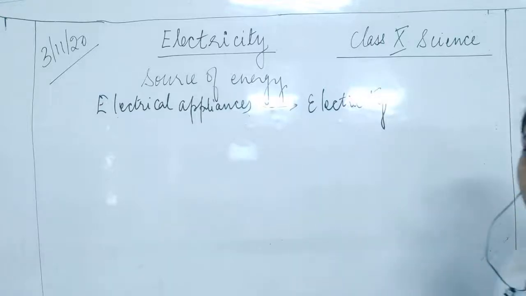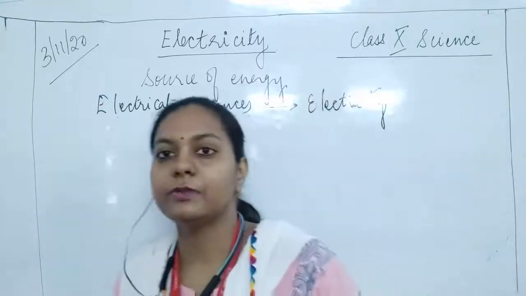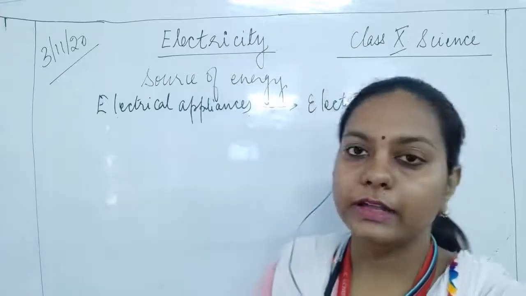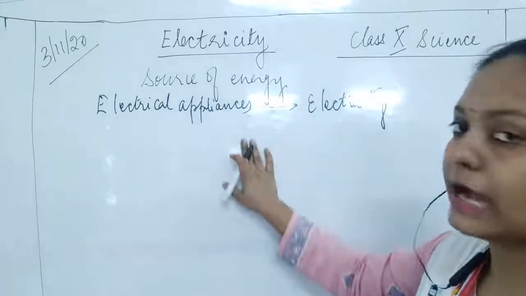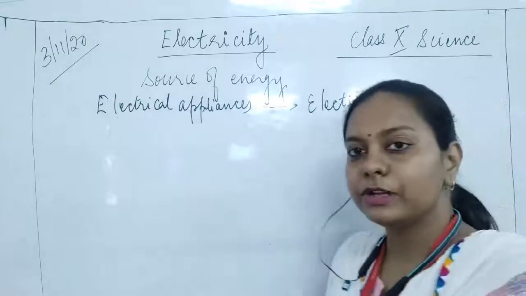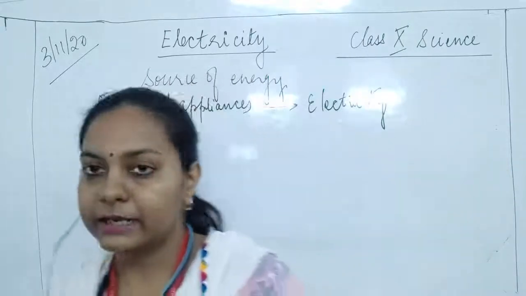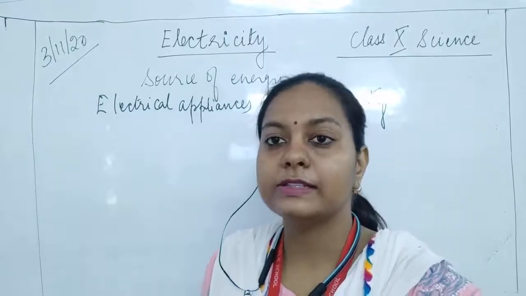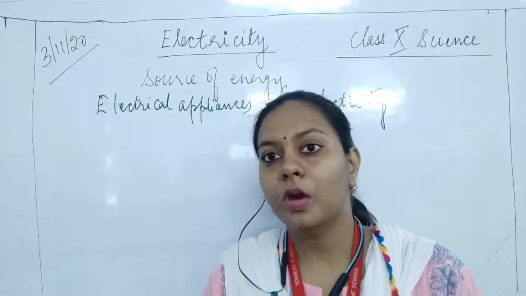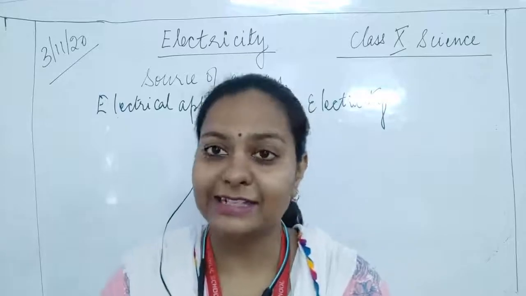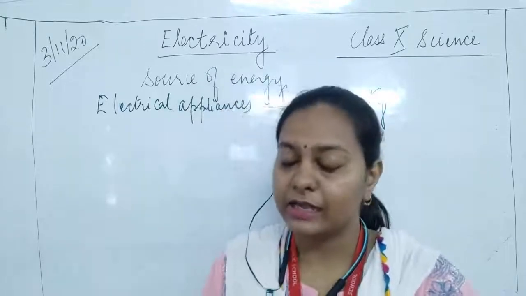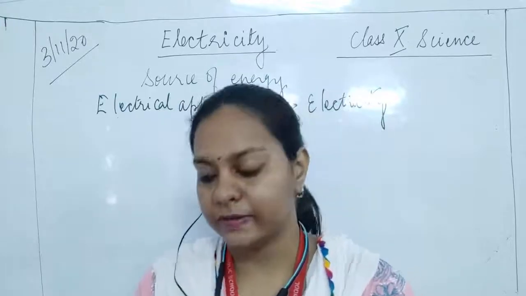It is the energy which drives different types of electrical devices and gadgets. Nowadays you can easily see that electricity is so important, because we are simply dependent upon these gadgets. So we can easily understand the importance of electricity in our life.